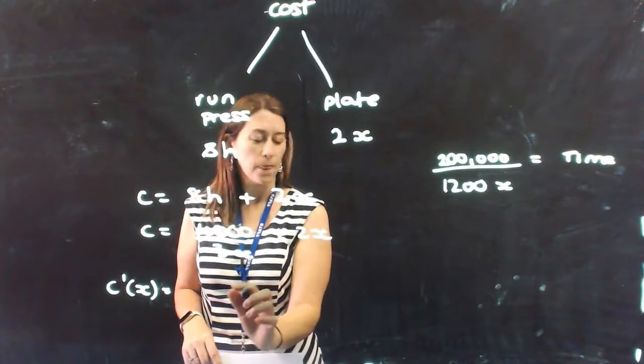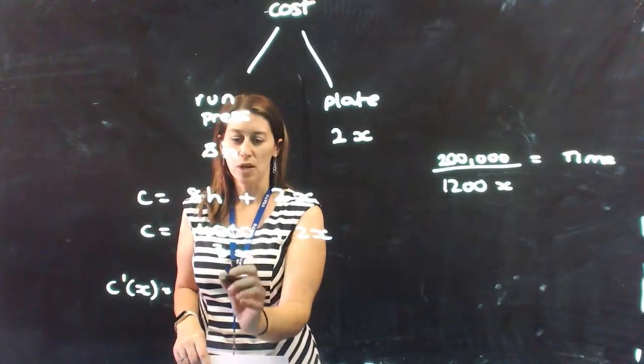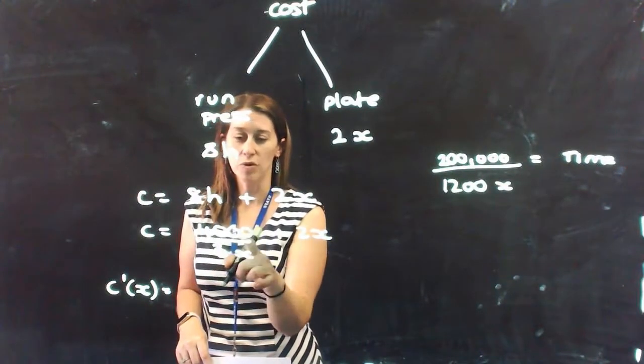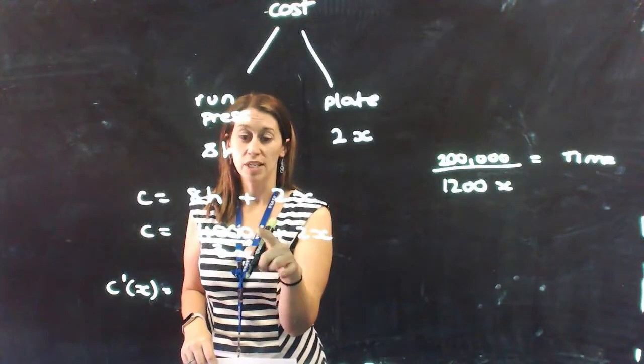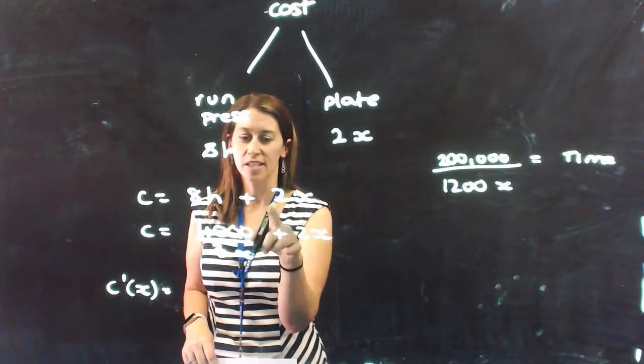Now, remember, the objective is to minimise the cost. So I want to differentiate the cost. I need to find C dash of x. The camera is not focused for some reason, but there we go. So C dash of x. That can be written as 4,000 over 3 times x to the negative 1.